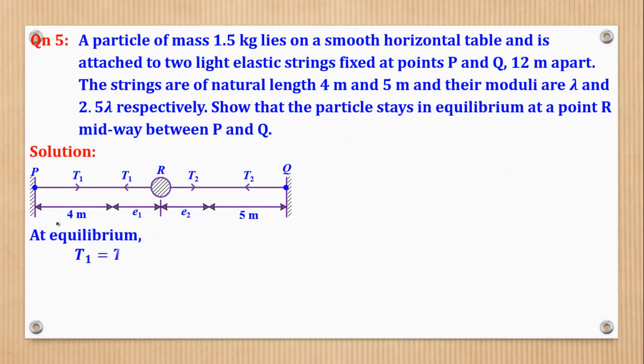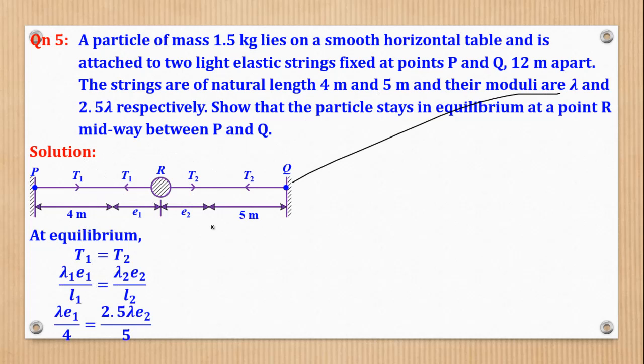So at equilibrium, T1 is equal to T2. By Hooke's law, T1 is that, T2 is that. Then substitute: this one, the modulus is lambda, and this one is 2.5 lambda. Here original length is 4, here original length is 5.